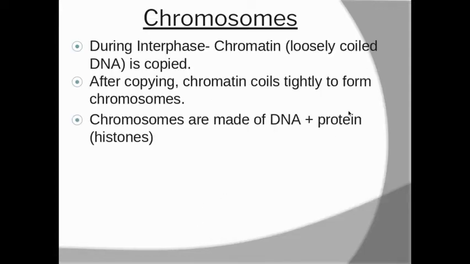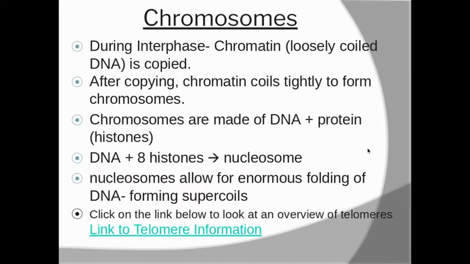All right, so now let's talk about the actual chromosome itself. During cell division, which we learned about in mitosis, during interphase, all the chromatin, which is the loosely coiled DNA, gets separated at those A's, T's, G's, and C's right in between. They get pulled apart.